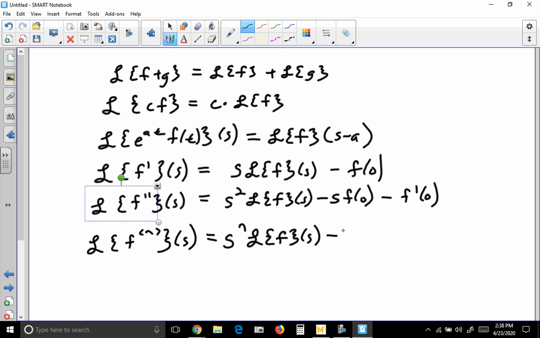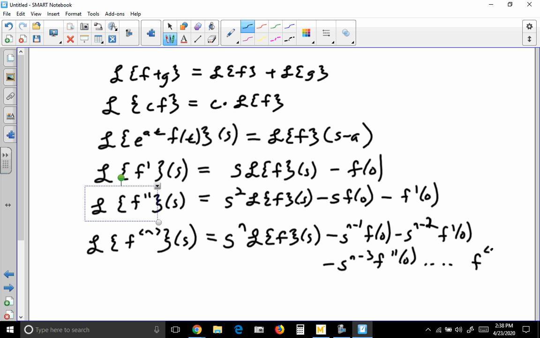Then we would do s to the 1 less power, f of 0, s to the 1 less than that power times the first derivative, s to the even 1 smaller times the second derivative, and we would work our way down until we had no s's, and it would turn out that it would be the n minus 1 derivative that would be our last one.